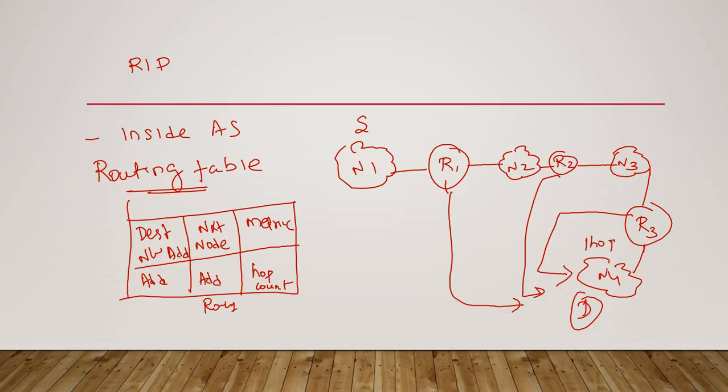From router 2 to here, it is 2 hop counts, and from router 1 to here, it is 3 hop counts. So 1, 2 and 3. This is nothing but our hop count, and this hop count is going to be entered as the metric in this third column.